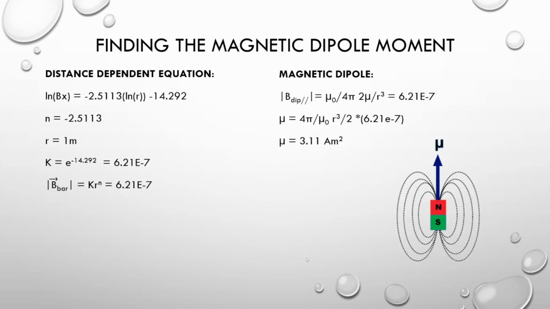We used the equation generated from the graph of the on-axis magnetic field measurements to compute the magnetic field of the bar magnet at a given observation point, and then rearranged the equation for the magnetic field at a parallel observation location to solve for the magnetic dipole moment of the bar magnet, and this value came out to be 3.11.